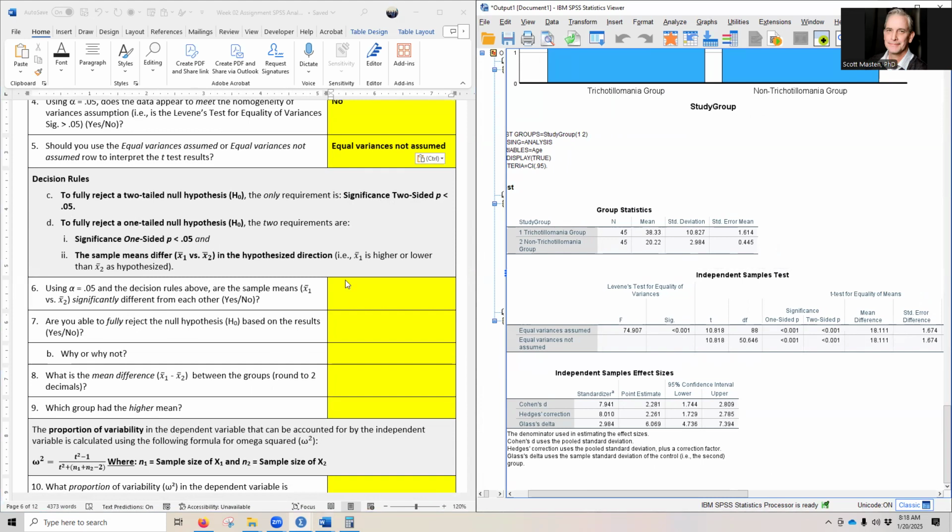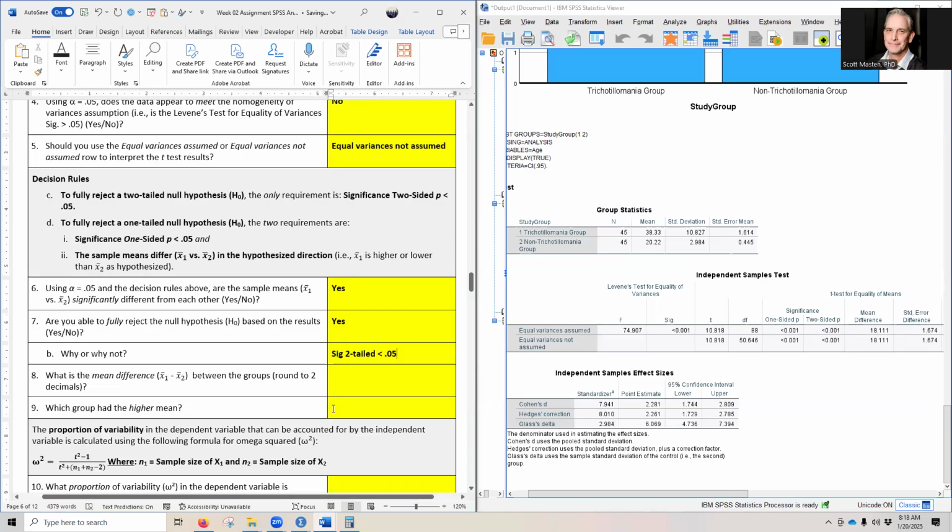Because that is less than 0.05, we would say yes. There is a difference in average age between these groups. Are you able to fully reject the hypothesis? Yeah, because there's only one requirement: the two-tailed sig needs to be less than 0.05. So yes, we can fully reject the hypothesis. Why? Sig two-tailed is less than 0.05.